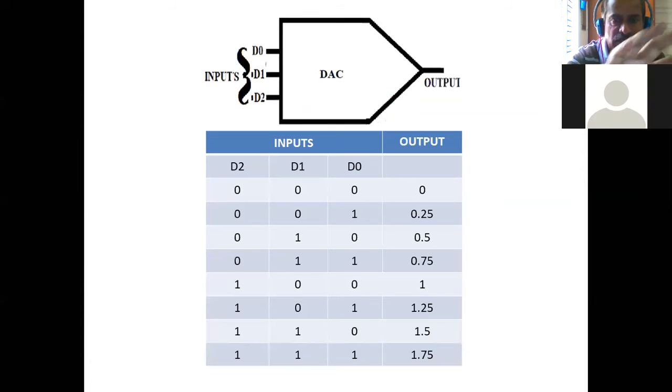Now, see, this is a 3-bit DAC. It accepts 3 input digital signals D0, D1, D2, where D0 is LSB and D2 is MSB. It provides analog output equivalent to the digital input.